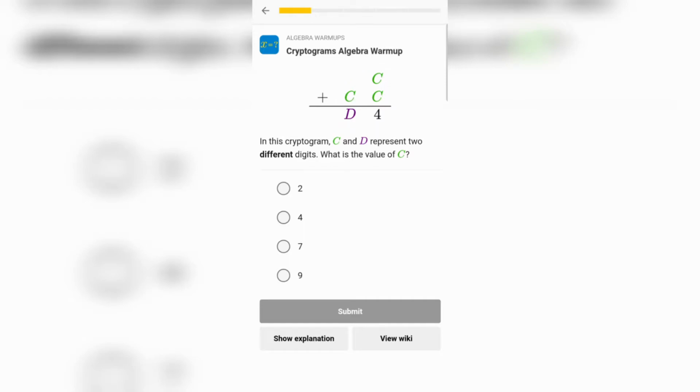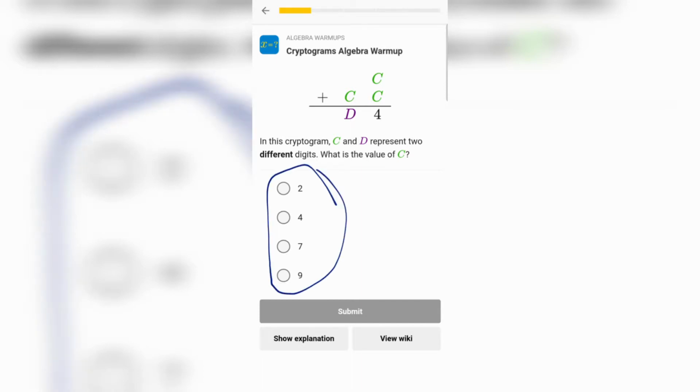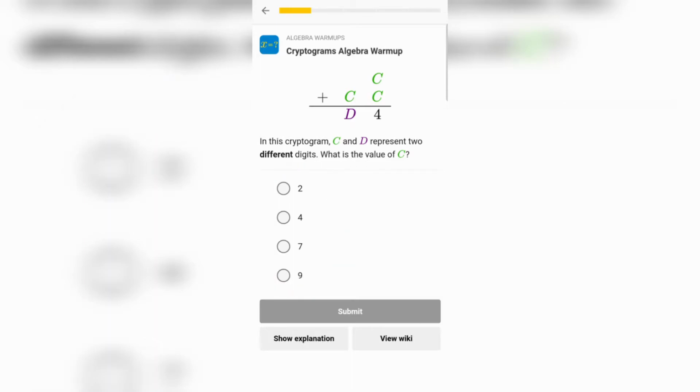One of the approaches is to substitute from the list of multiple choices. You could try to substitute each one of them and see if you get a valid result.